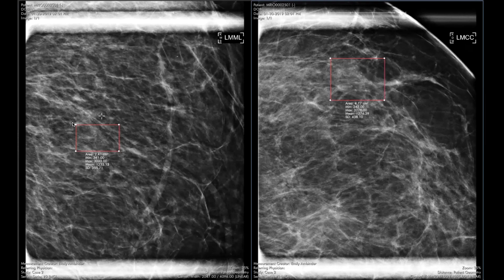And each of the dots looks similar to the other ones. I would describe this morphology as being punctate or round calcifications. It's important to also note how large of an area the calcifications span. So this spans a little bit over a centimeter.